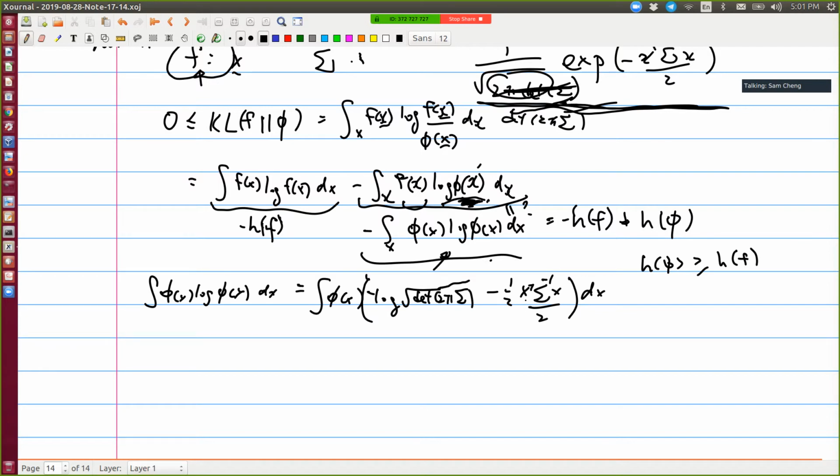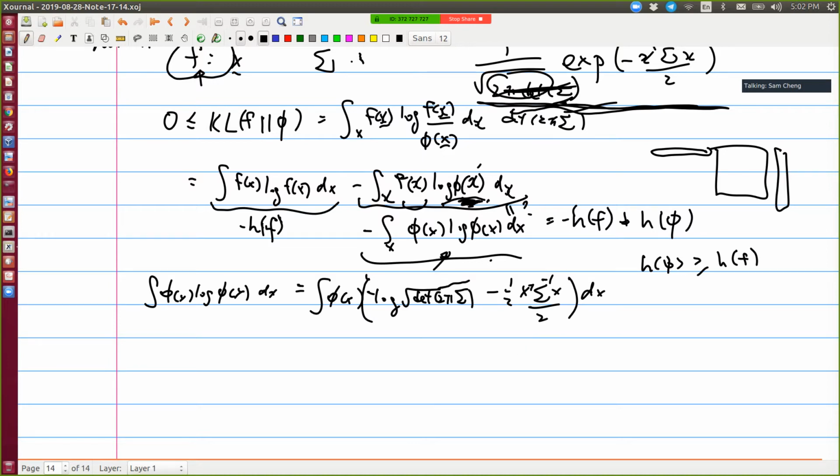Because x transpose is a row vector multiplied by a matrix sigma inverse, multiplied by x, a column vector, so it's actually a matrix multiplication, a row vector multiplied by a matrix multiplied by a column vector again.